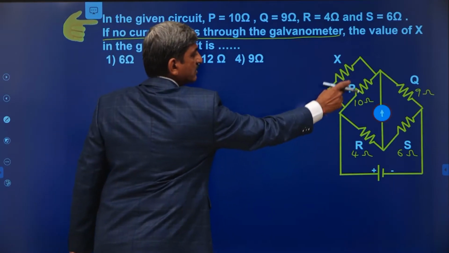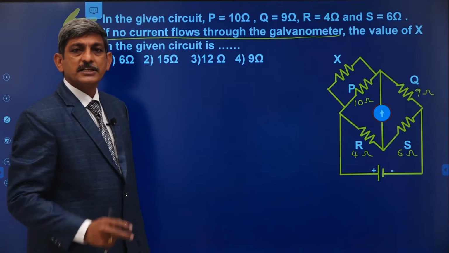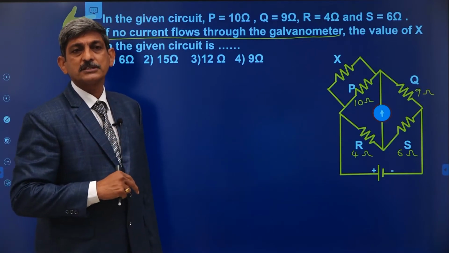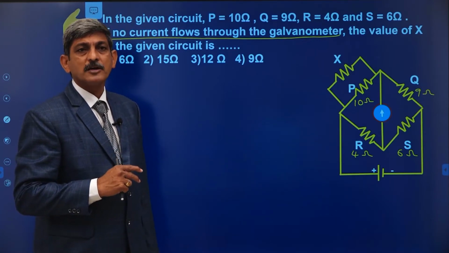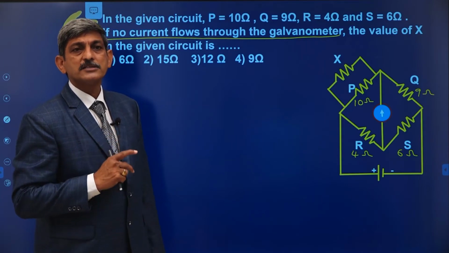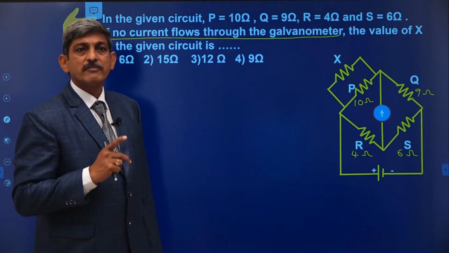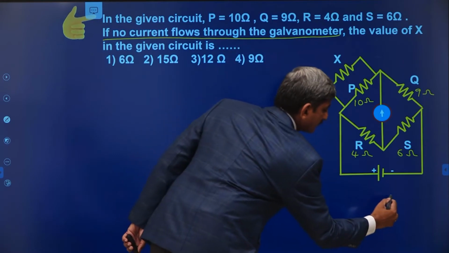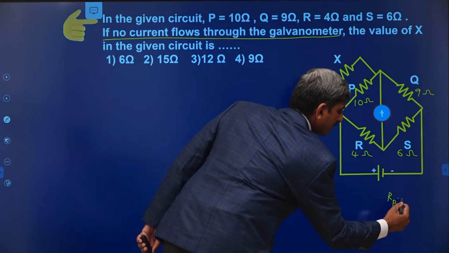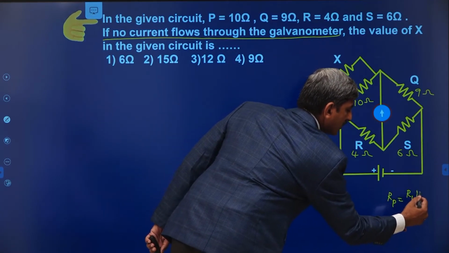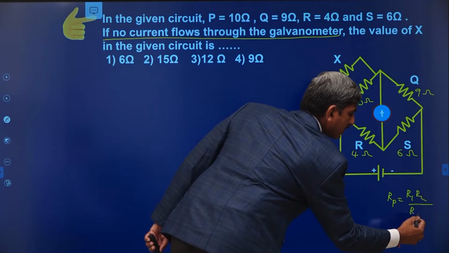Here for the first arm, what is the effective resistance? Here the 2 resistors are in parallel combination. The effective resistance of the parallel combination is given by R parallel is equal to R1 R2 divided by R1 plus R2.